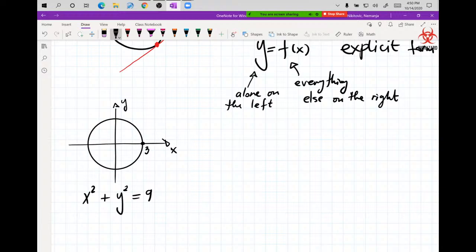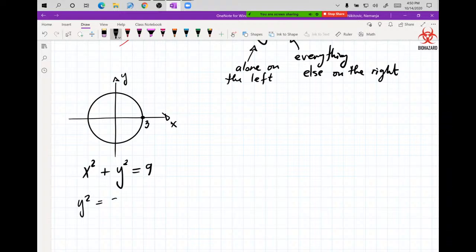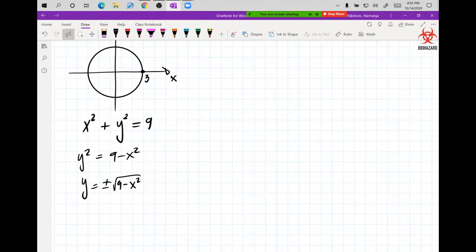You cannot write this as y equal everything else because you will have a plus and minus in there. Right? If you try to solve this, y squared is 9 minus x squared, and you take square roots, you get plus minus square root of 9 minus x squared. See, uniqueness is ruined. If you studied the definition of a function before, what did you learn, right?